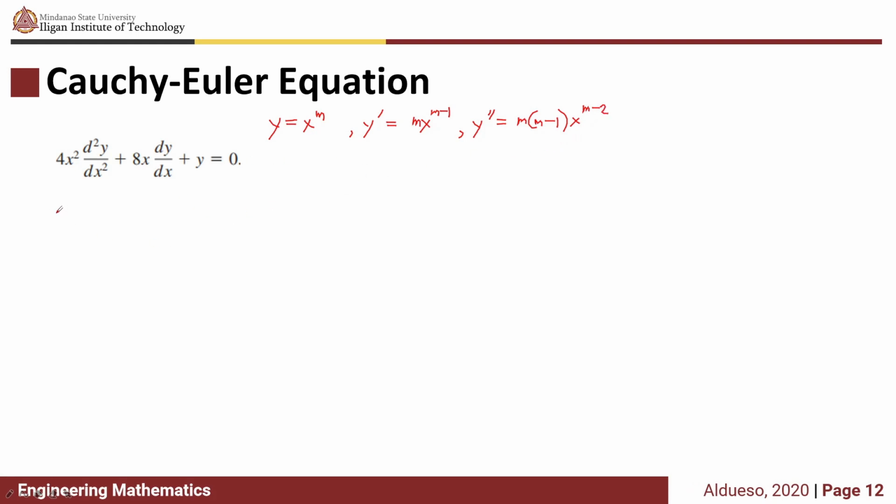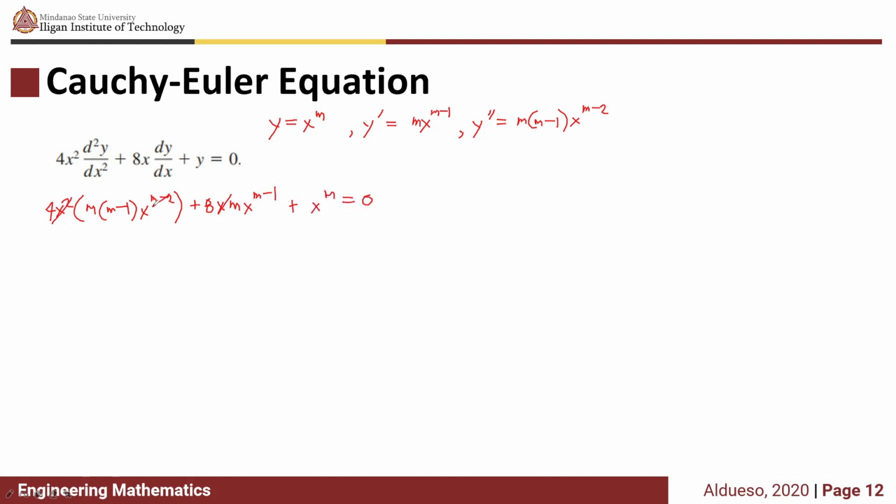The same steps as before, we have 4x squared times m times m minus 1 x to the m minus 2, plus 8x times m x to the m minus 1, plus x to the m equal to 0.